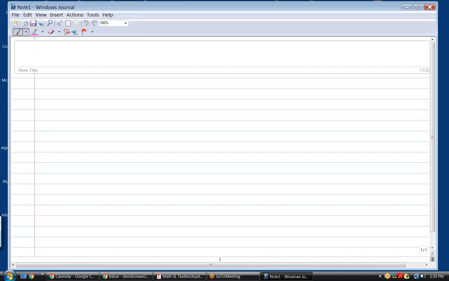Okay, so here's one. Sine 2x plus cosine squared x. It says use trig identities to simplify the trig expressions. So what's sine 2x equal to?